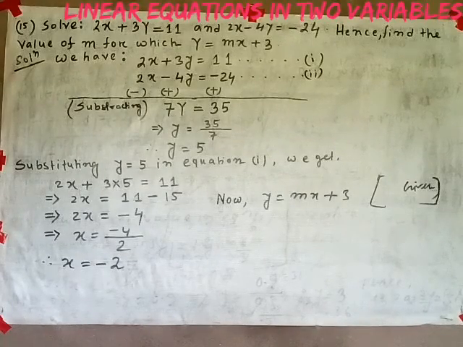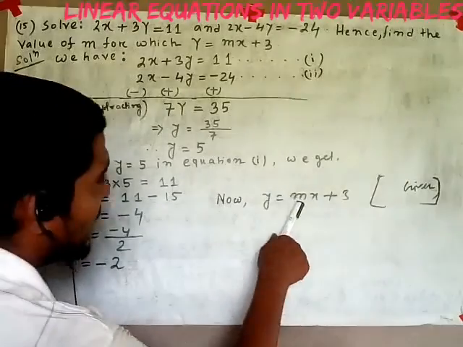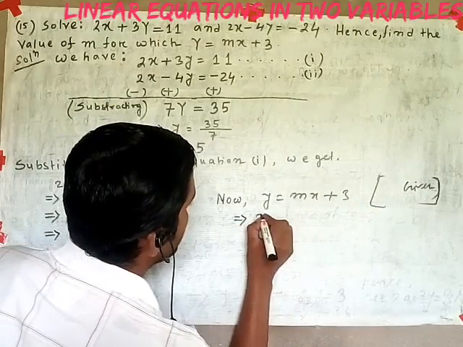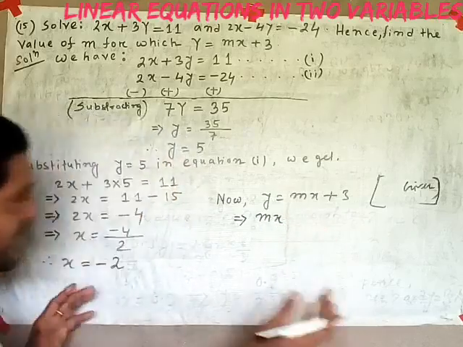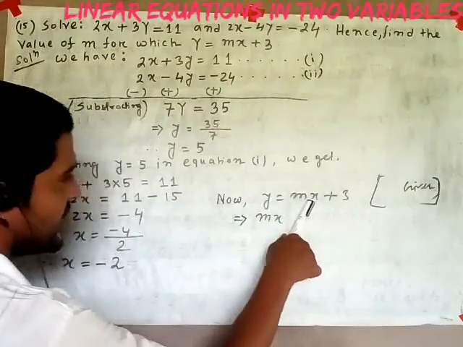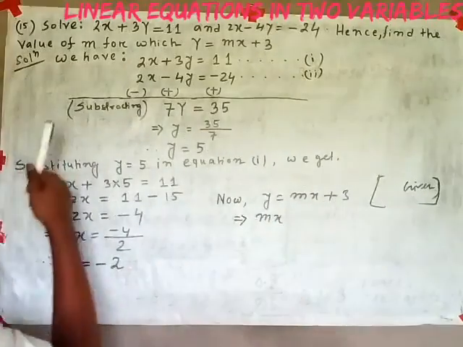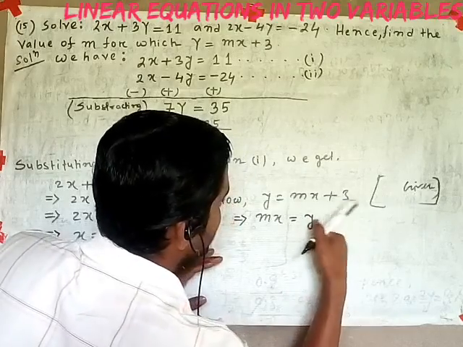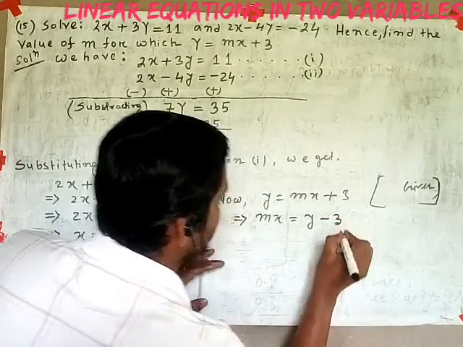Now what we have to find? We have to find the m value. So we have to keep this mx constant, no need to change the side. Now 3 is changing the side, coming to the y side, so plus 3 will be minus 3.